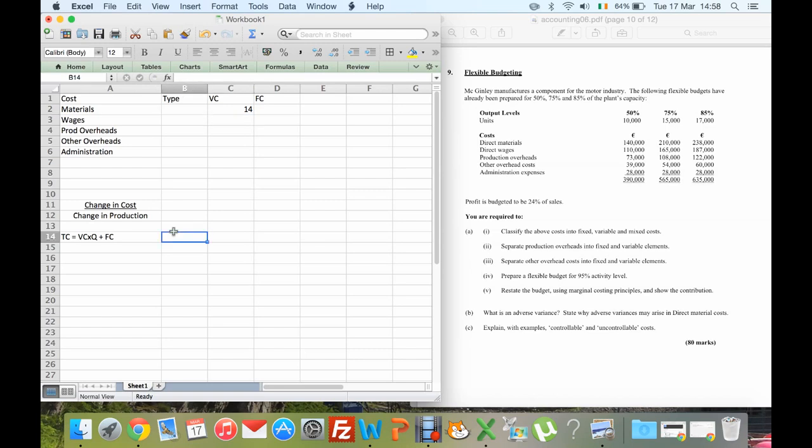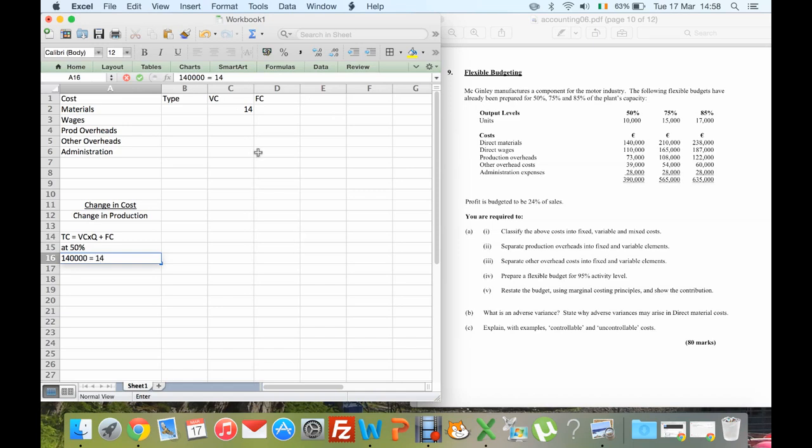So if we said here, for example, let's say choose any level of production, say 50,000 or 50%. Using the formula above, the total cost is 140,000. Okay, which is that figure there. Does that equal the variable cost, which we have above is 14?